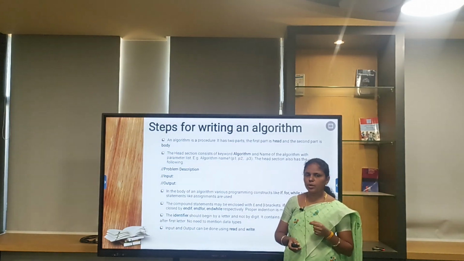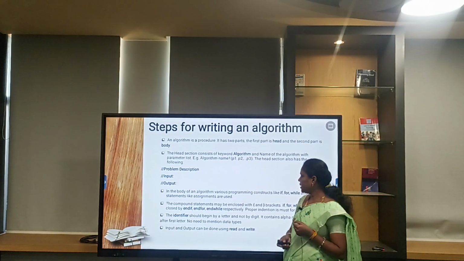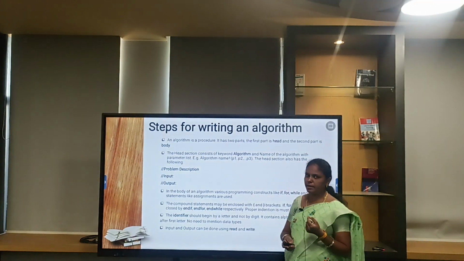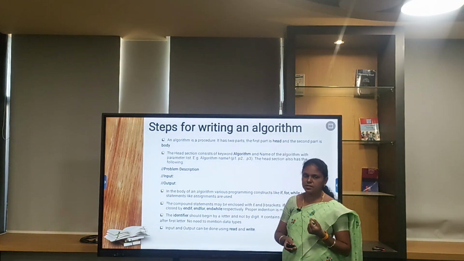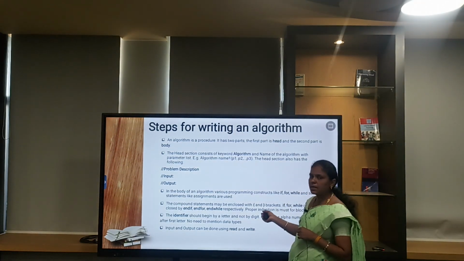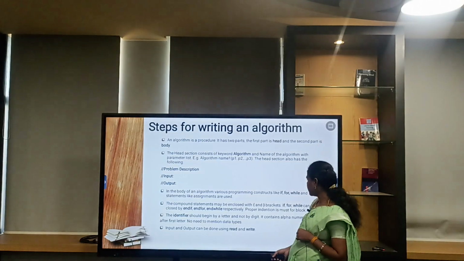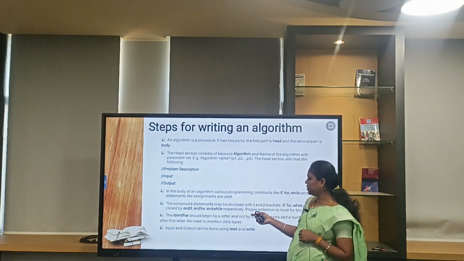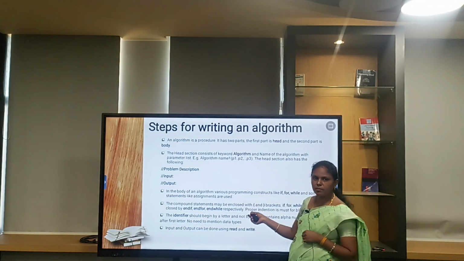So we use some programming constructs: if, for, while and some other statements like break, return statements and some print statements. The common statements may be enclosed with curly braces, open and close curly brackets. If, for, while can be ended with end if, end for, end while, and you must return.